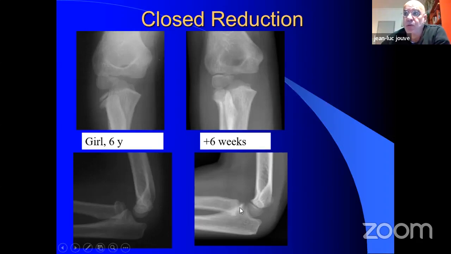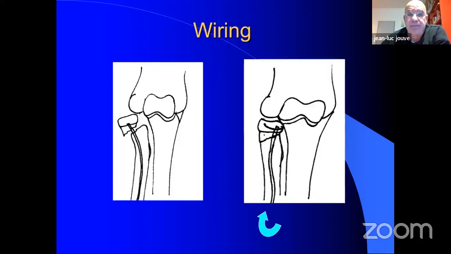You don't need a complete reduction, but if you obtain a reduction with an angulation of less than 30 degrees, it will be okay, and you can do the plaster cast for 6 weeks.